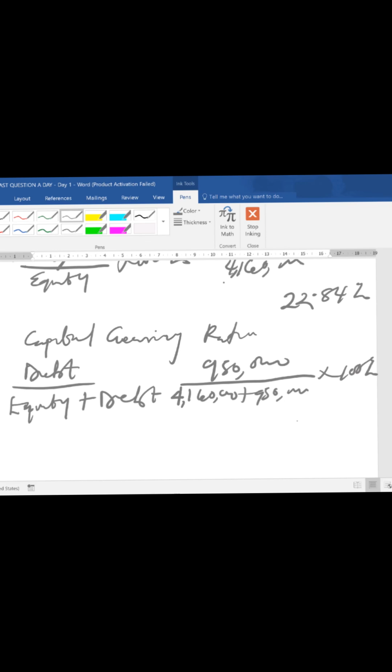And this is going to give us 18.59. So if we pick our total capital structure, there is a debt component of 18.59. We will end here.